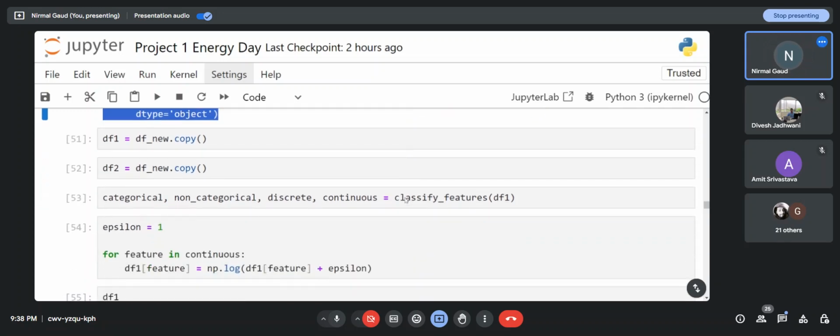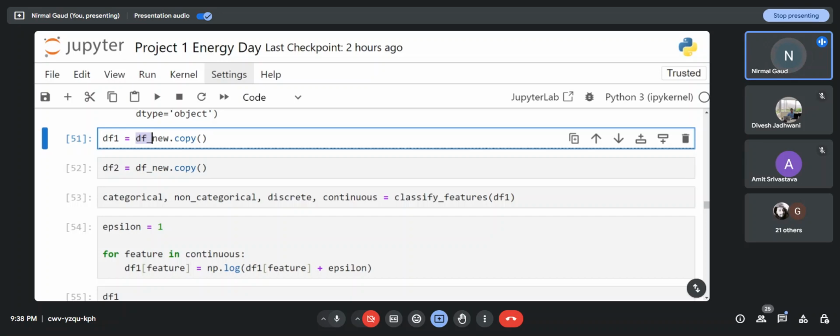To be like applying different machine learning algorithms, dfnew is my final data frame, but I want to apply different machine learning algorithms, and every machine learning algorithm has some expectations over the data.